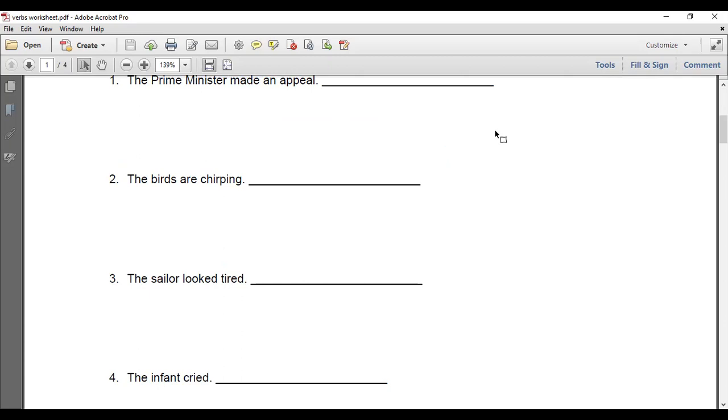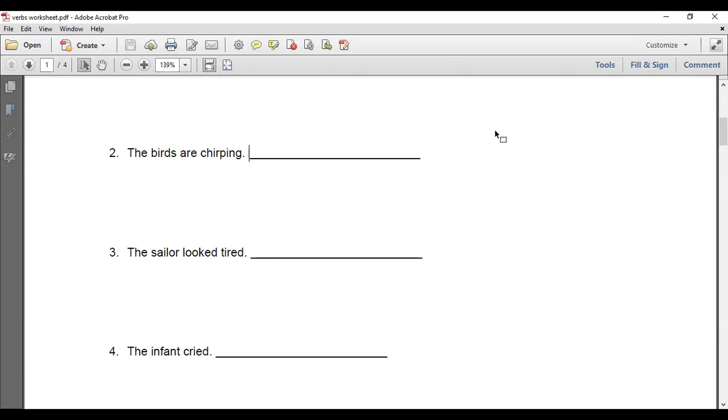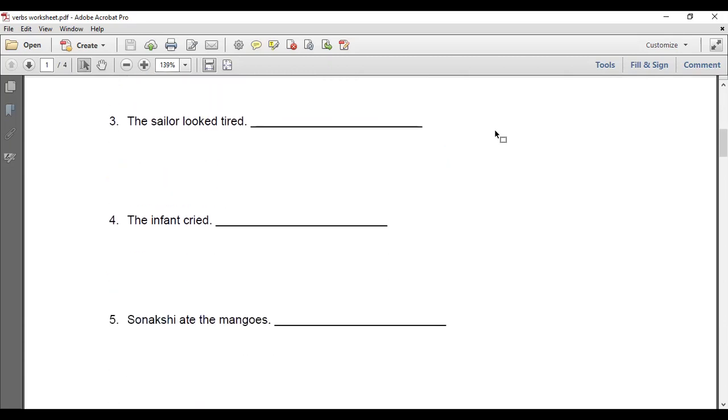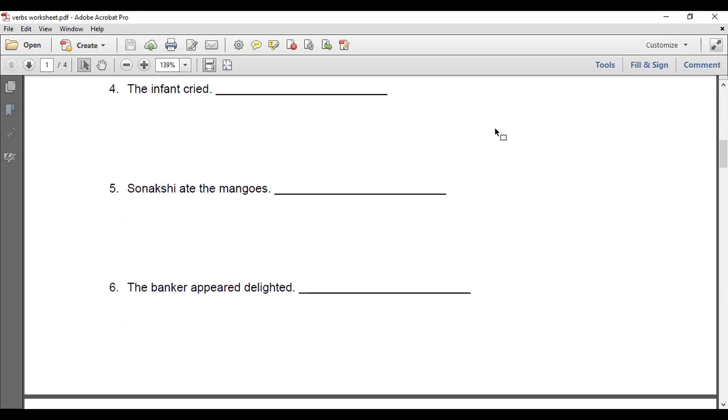The sailor looked tired. The infant cried. Sonakshi ate the mangoes. The banker appeared delighted.